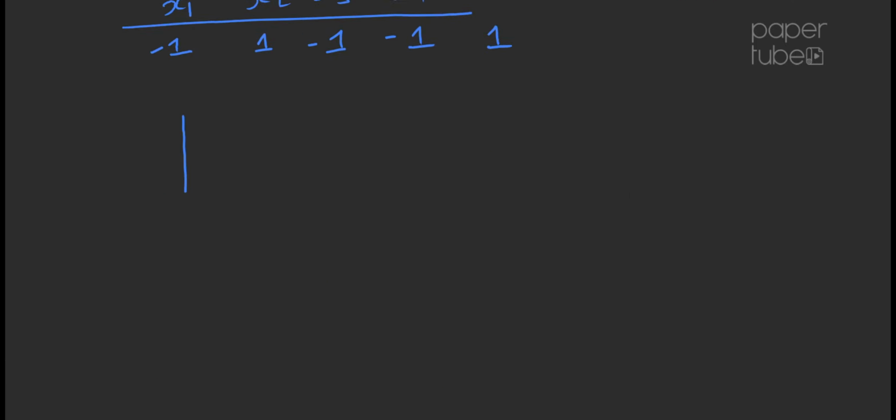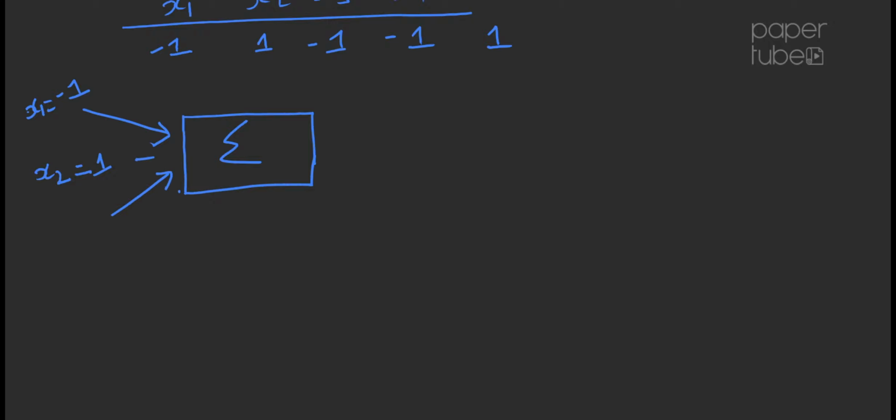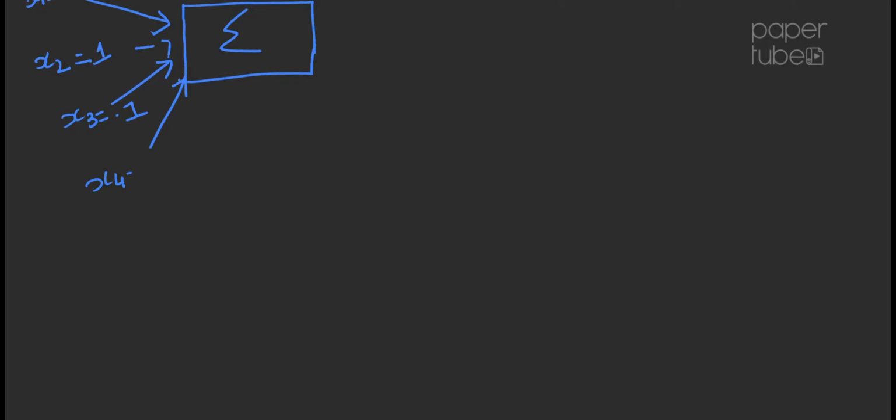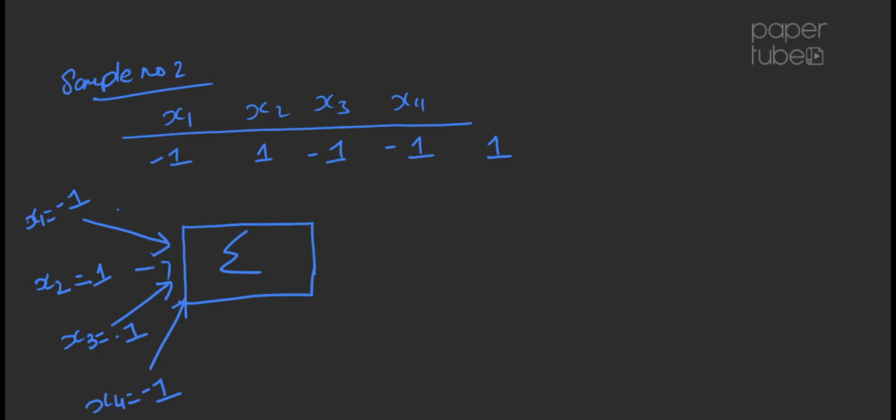So let's go back and draw the summation box. This is a perceptron again. Now x1 is equal to -1, x2 is equal to +1, x3 is equal to -1, and x4 is equal to -1. We already calculated the new weights from the previous step.